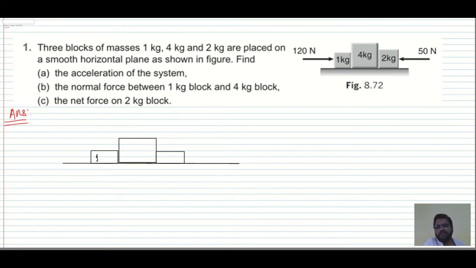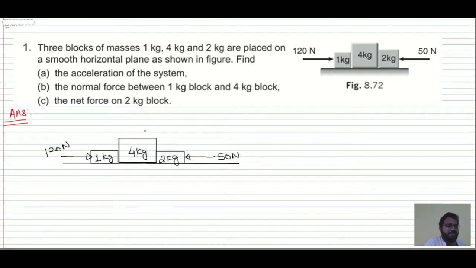And we have a 1 kg block, 4 kg block and 2 kg block. One force is applied from this direction and that force is 120 Newton. Another force is applied from this direction and that is 50 Newton.